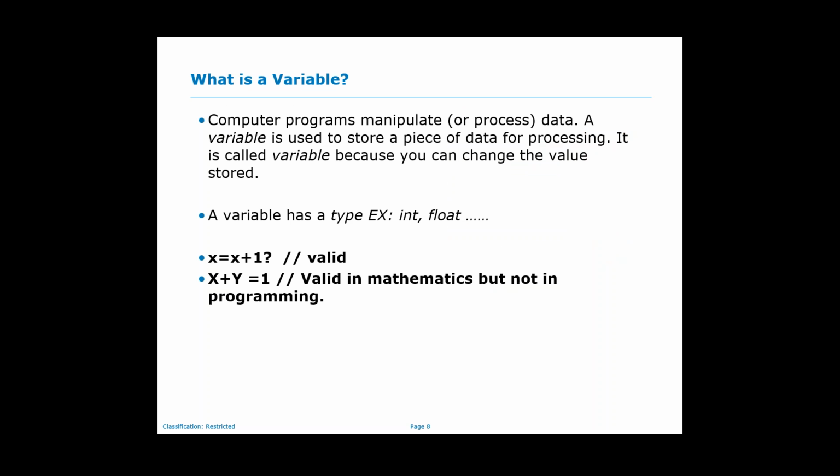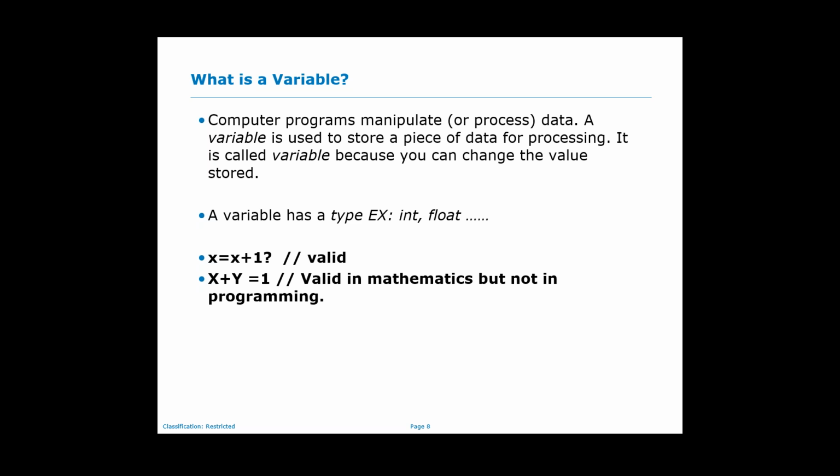Then when it comes to a variable, what do you mean by a variable? A variable is nothing but a data storage where you are going to store or process some data, and each variable has its own data type. It may have a predefined data type like int, float, double, or a user defined data type. You can create your own data type by making use of classes in Java.